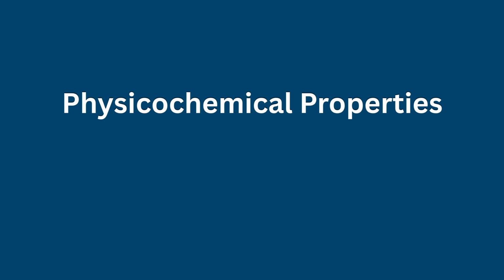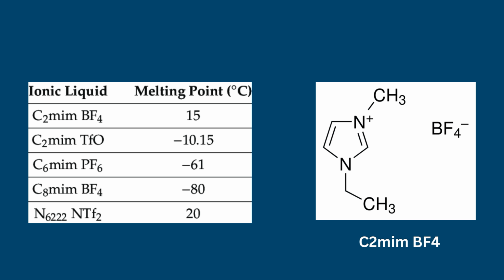Physicochemical properties. Melting behavior. The low melting points of RTILs arise from reduced lattice energy due to ion asymmetry and charge delocalization. Melting behavior depends on ion symmetry and size, hydrogen bonding capability, and van der Waals interactions. Many RTILs exhibit supercooling and may form glassy states rather than crystalline solids.